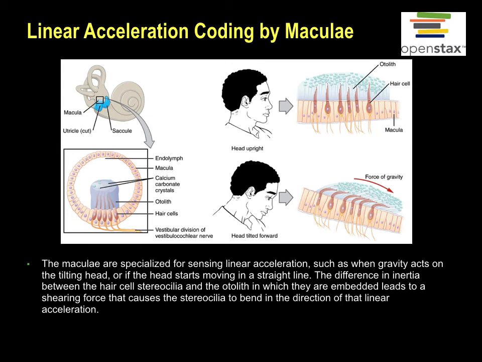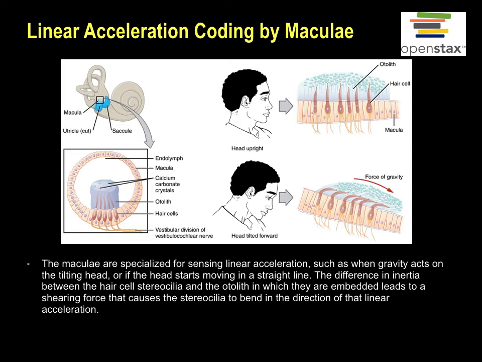And so static equilibrium is really head position. And so you have these two closed chambers, the utricle and saccule, that have these macula in them, which contain a gel-like material with heavy calcium carbonate crystals, or otoliths, embedded in a gel.